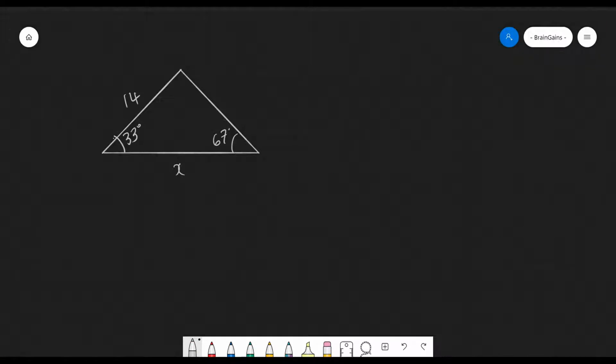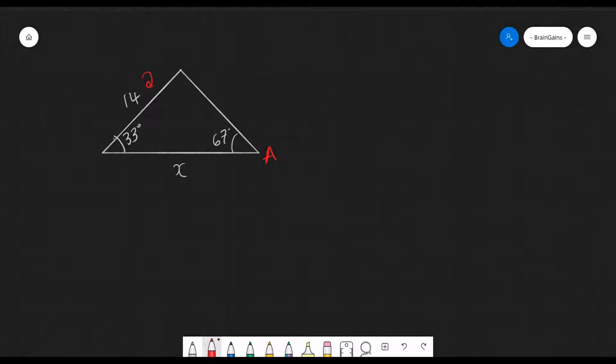Now let's take a look at this example. Let's see if the sine rule is applicable here. If we call our only known side A, then this must be angle A. Because we have a side and its corresponding angle, the first condition for the sine rule has been satisfied. Because we have another angle, 33 degrees, this means that we can use the sine rule.